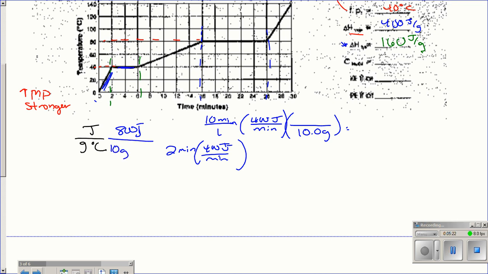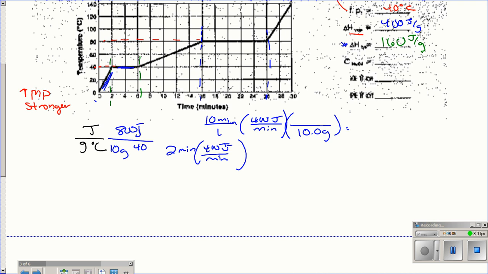And the change in temperature there went from 40 to 0, so that's 40 degrees Celsius. 10 times 40 is 400. 800 divided by 400 is, wait a minute, 200? 800 joules went from 0 to 2. 2 times 400 is 800. 10 gram sample.